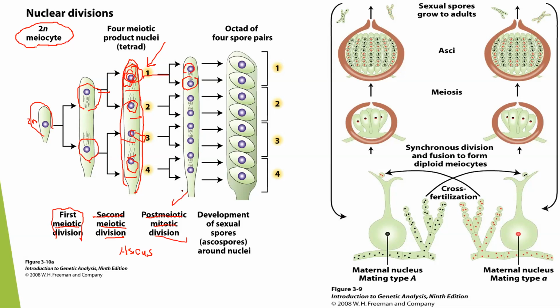The final product will be a sac containing 8 spores for the fungi, for Neurospora. So what's the beauty of this? We're going to talk about this. All right, so in the exam, let me erase this. It's a little bit messy here.